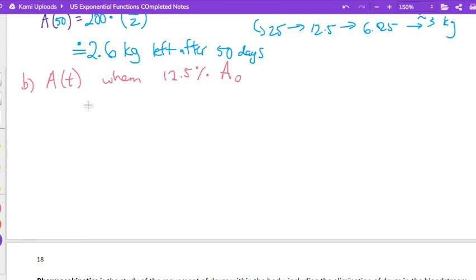So how do I write 12.5 as a decimal? 0.125. Right? You take a percentage and you divide it by 100. So what I want to know is, at what point will I have 0.125? That's my A of T. I'm sorry, why did we get 0.125? Yes, this is the confusing part, right? Let me finish writing the equation so we can see more before we break it down.